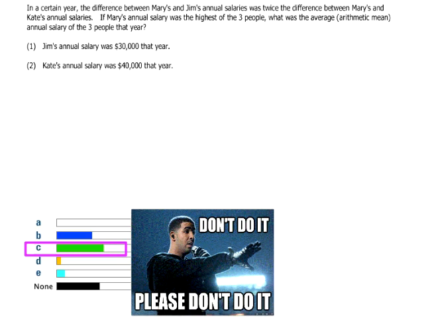So if you pick choice C here, then, because they give you that statement about differences, I have Jim's salary, I have Kate's salary, so I can just find Mary's salary, and then I'll have all three salaries.